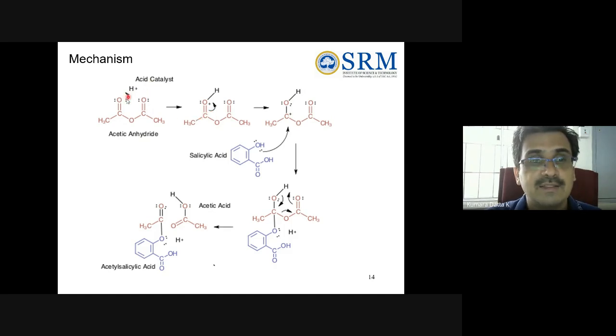The acid catalyst likes to bind with the oxygen functionality, creating a slightly positive charge on the carbon center, which reacts with the hydroxyl group of the salicylic acid. Then we cleave the acetate group using a proton, and we get acetic acid along with acetyl salicylic acid. So this is a very simple mechanism of how it works.